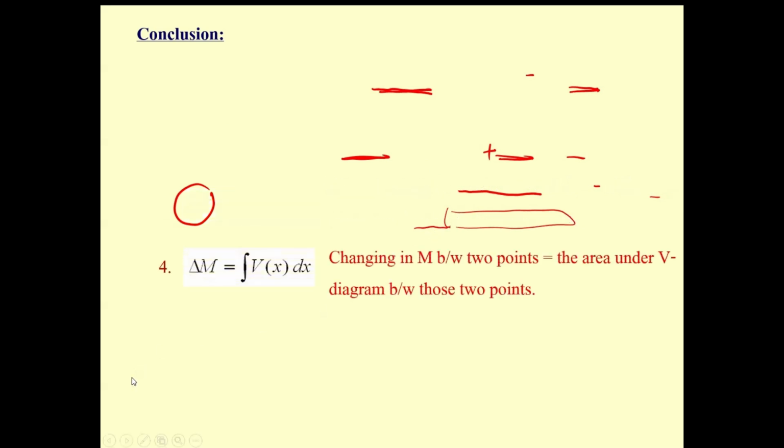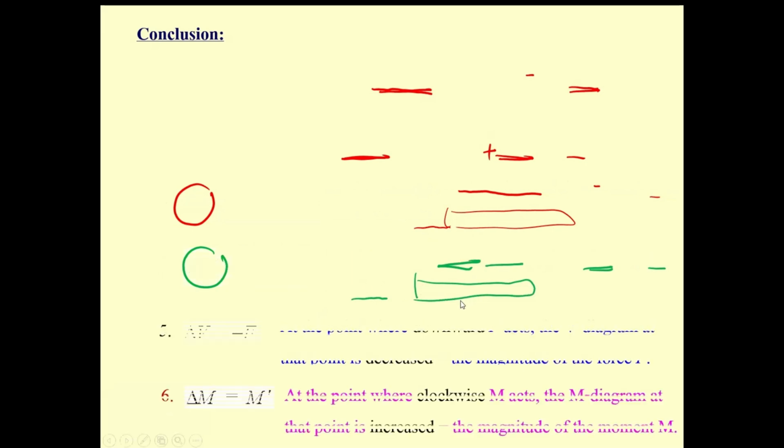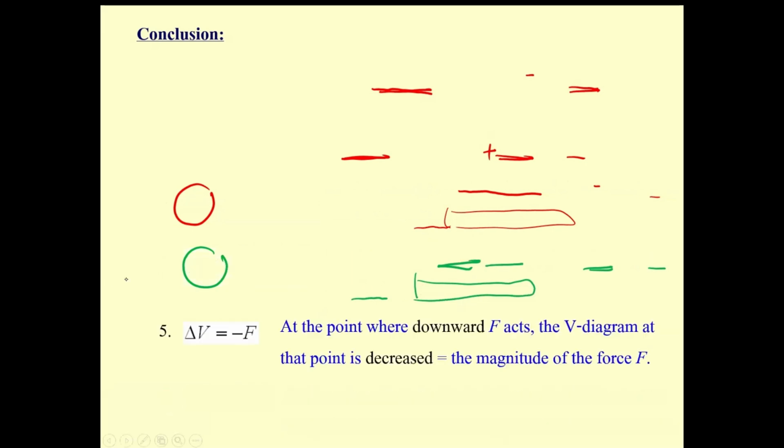And then the fourth: the change of the bending moment between 2 points equals the area under the shear diagram between those 2 points. And then the fifth, when the force is up, it is positive.